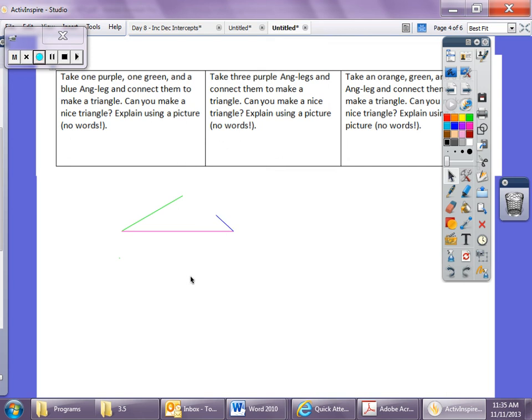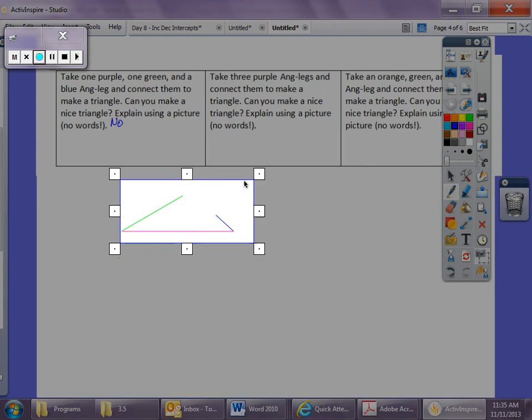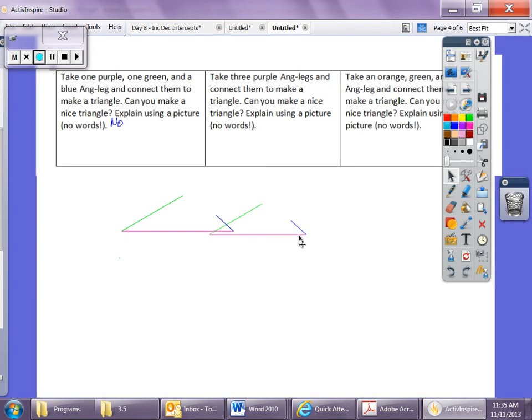Doesn't look like it. We're missing a huge chunk there. So, can we make this into a triangle? Well, the answer is no. Now, if we draw our picture, well, this is what my picture is going to look like. So instead of drawing a picture, we just take a picture of it and say, well, no, we can't make it into a triangle.